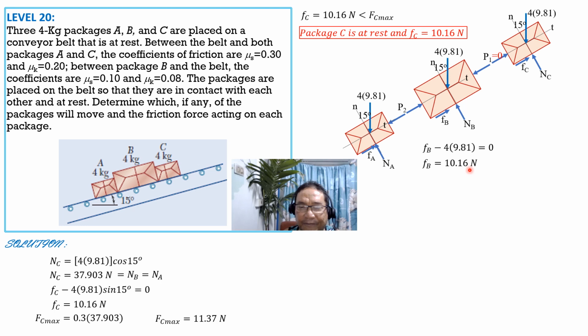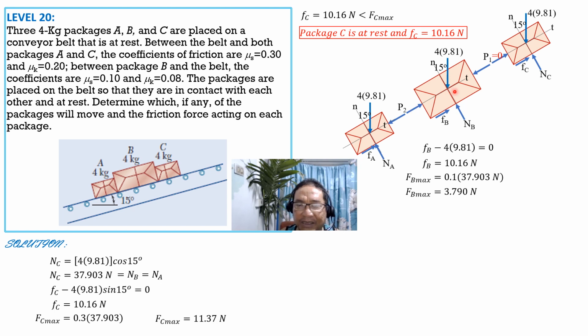Then the maximum frictional resistance under package B is coefficient of static friction, which is 0.1 times normal at B. And this time, 0.1 times 37.903 is only 3.790 newtons. Since the frictional resistance required for package B to remain at rest is 10.16 newtons, and the maximum frictional resistance under B is only 3.79 newtons, that means package B slides.